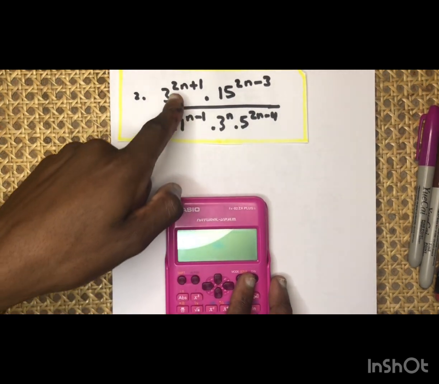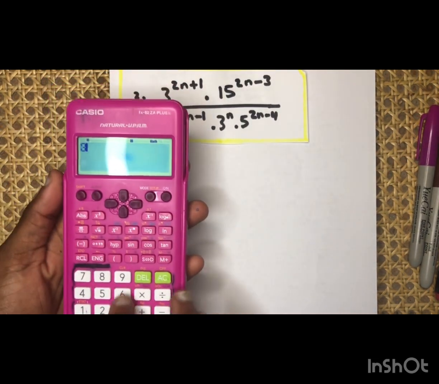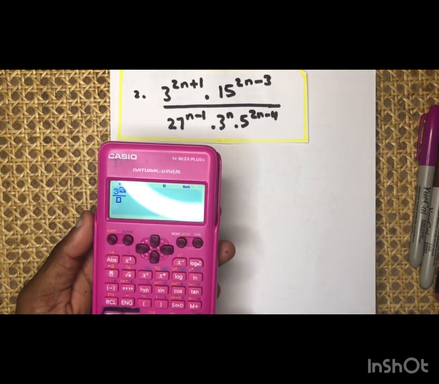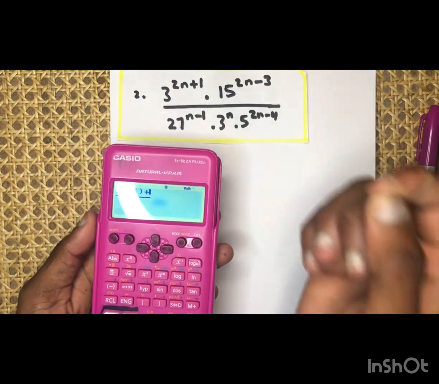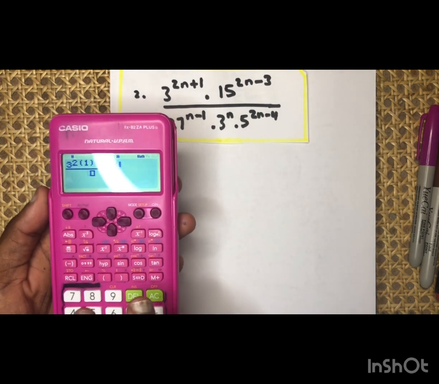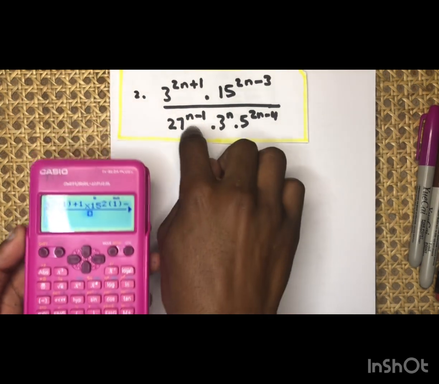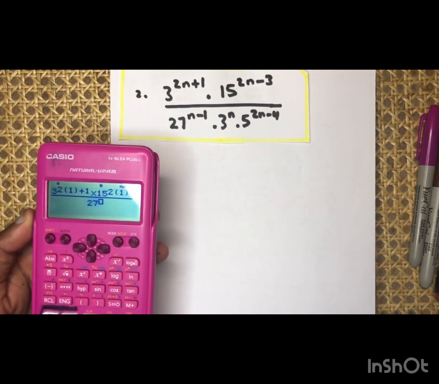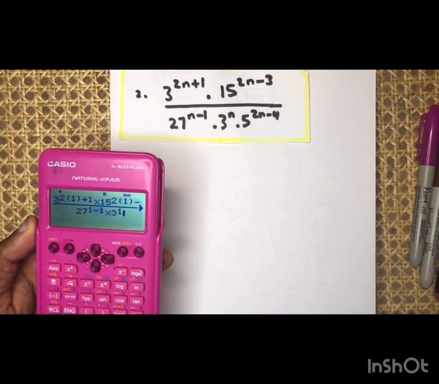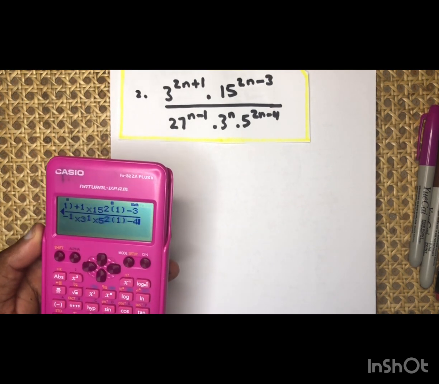So for me, I'm going to put 1 wherever I see n. So I'm going to put 1. So we have 3 to the power 2 into 1 plus 1, then times 15 to the power 2 into 1 minus 3, over 27 to the power 1 minus 1, times 3 to the power 1, times 5 to the power 2 into 1 minus 4.